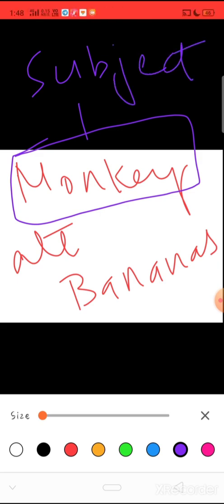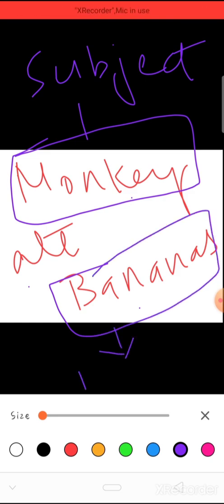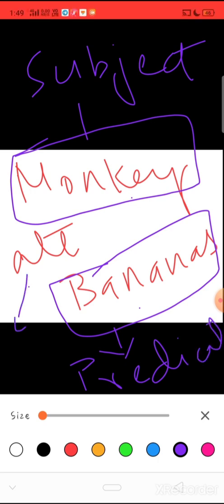Always remember, in a sentence, the subject is the one about whom we are talking, and the predicate is whatever we are telling about him. Here we are telling that monkey ate bananas. So what did he eat? He ate bananas. That becomes the predicate, and ate here is the verb.